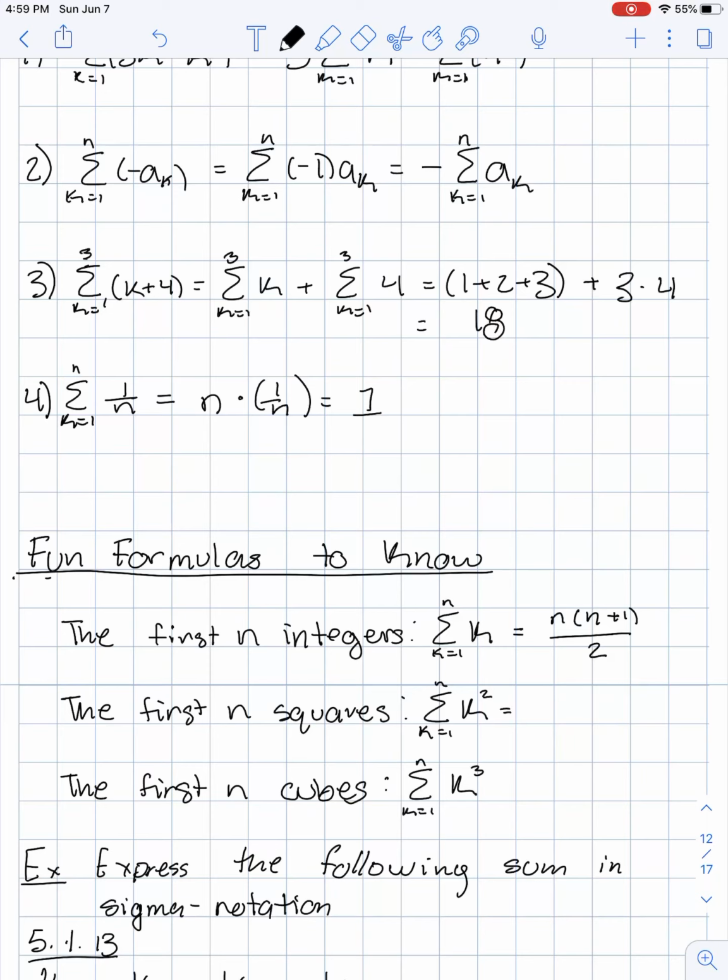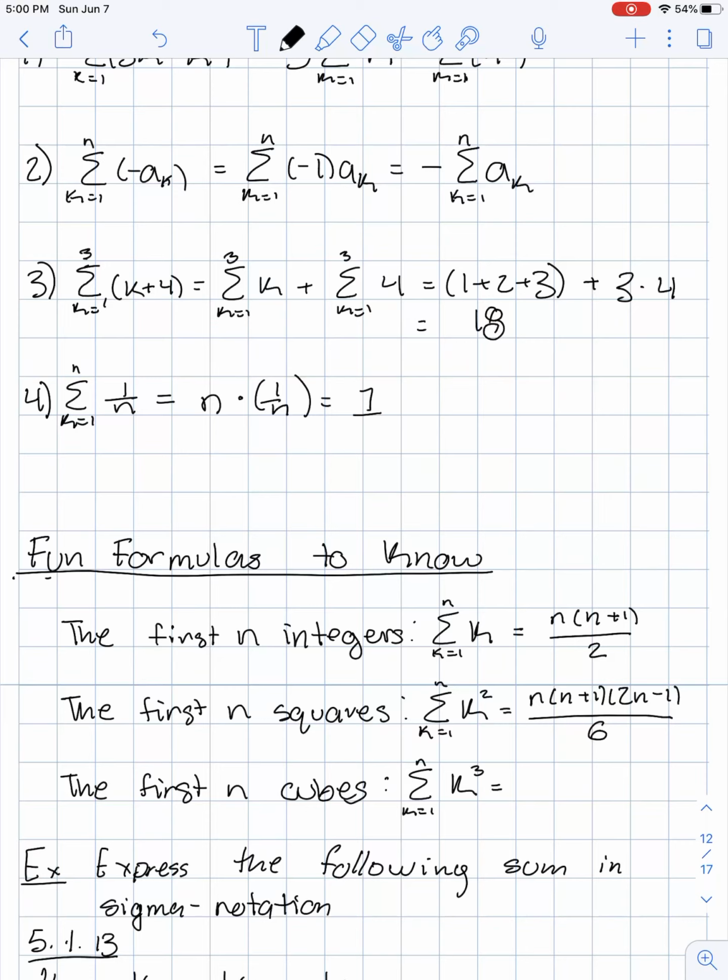The first n squares is going to give us n times n plus 1, n plus 2. Oh wait, no, not n plus 2. I read that wrong. Times 2n plus 1 over 6.